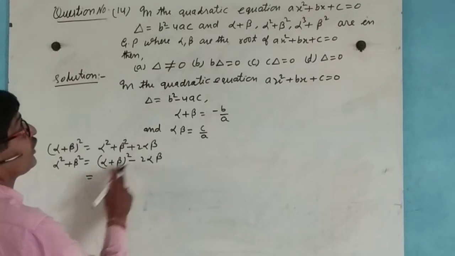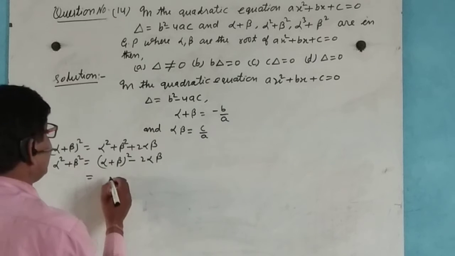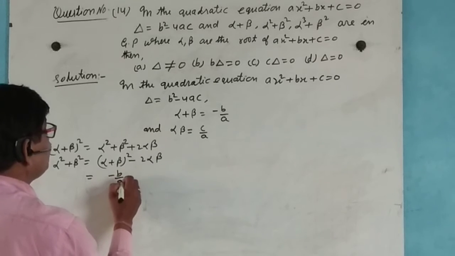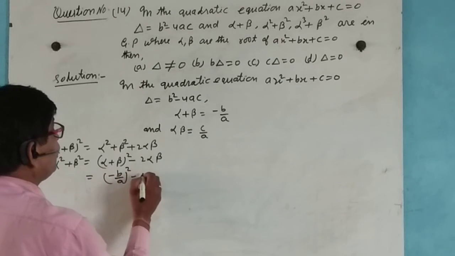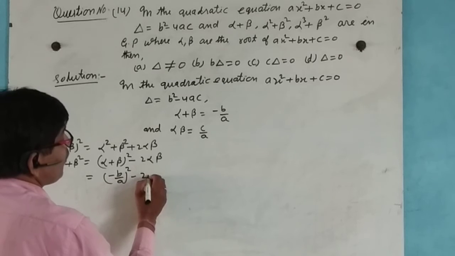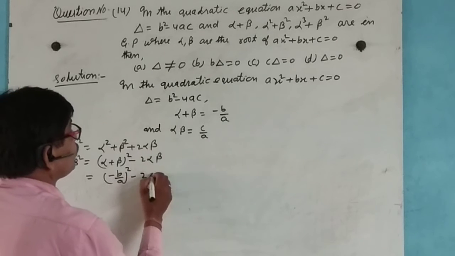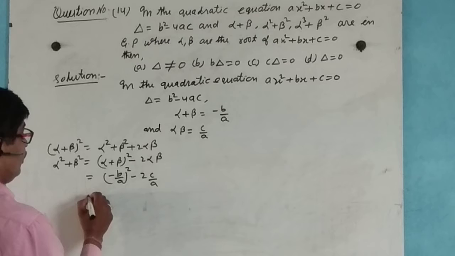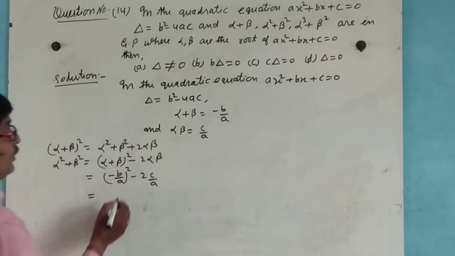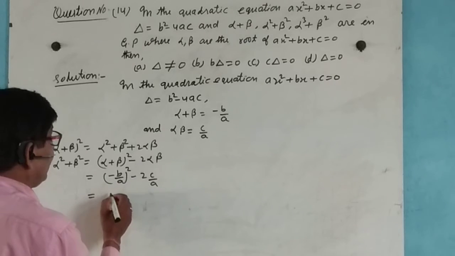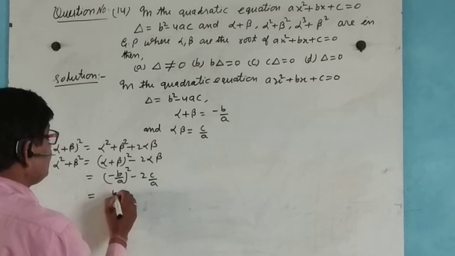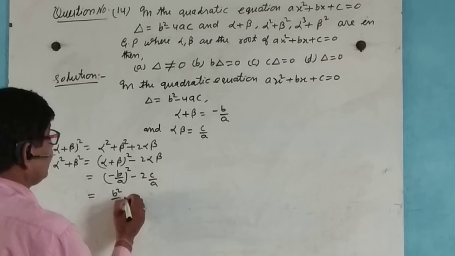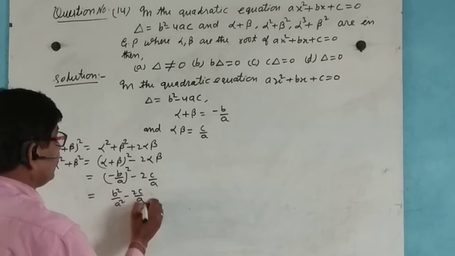Alpha plus beta equals minus b by a, so its square minus 2 alpha beta, with alpha beta equal to c by a, gives b square by a square minus 2c by a.